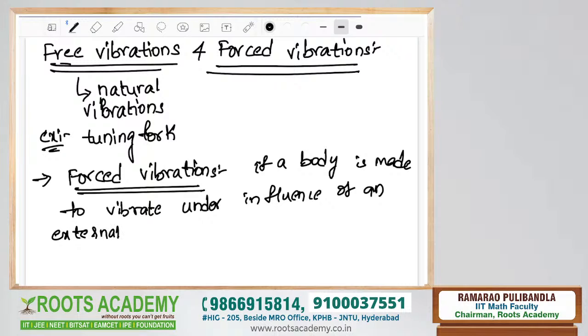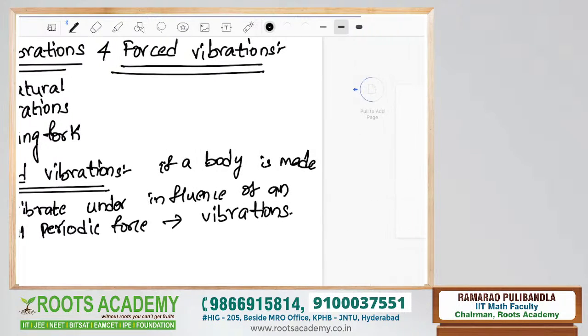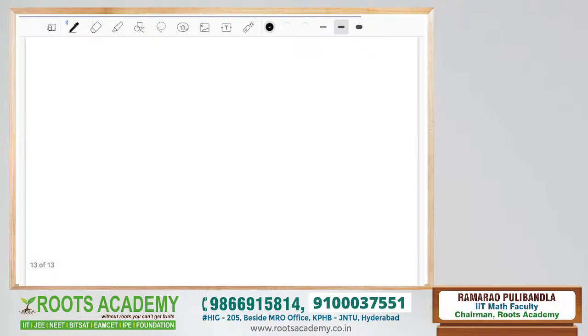That means no natural vibrations are occurring here, but by applying a certain kind of external force, we are observing these vibrations. Such types of vibrations are said to be forced vibrations. So this is the difference between free vibrations and forced vibrations. And next we will be covering the principle of superposition.